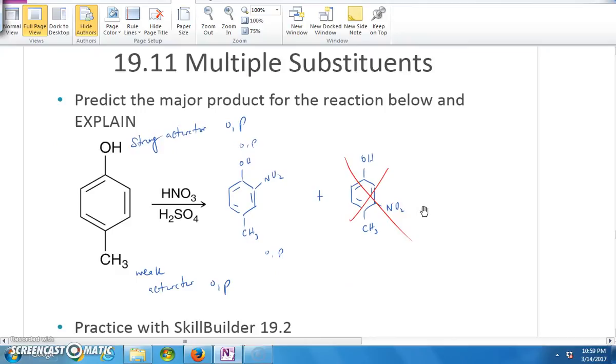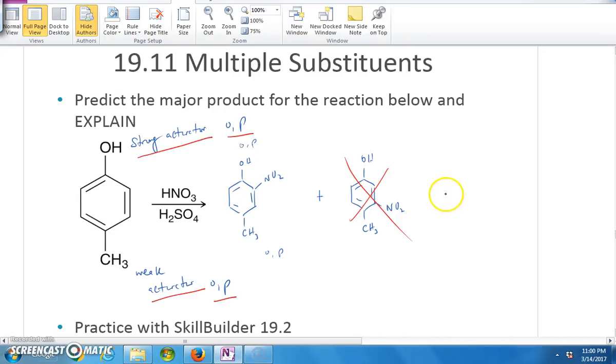Now, here you can see that we have a strong activator, the OH group, and we have a weak activator. Both of them are ortho para directors.